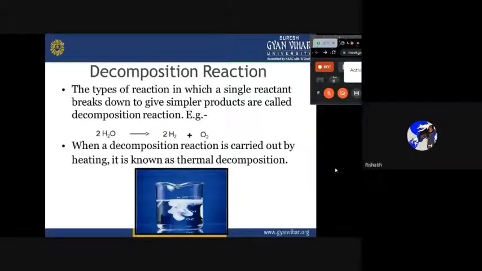Then comes decomposition reaction. It is the reverse of combination. In the combination, two separate elements were joining to form a product having both the elements. Now in this example, a compound or a molecule will be splitting into its constituent molecules or atoms. So the type of reactions in which a single reactant breaks down to give simpler products are called decomposition reaction.